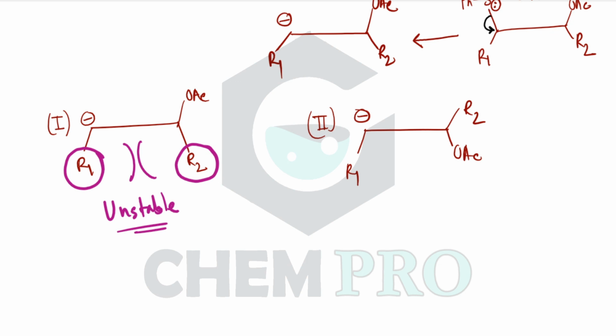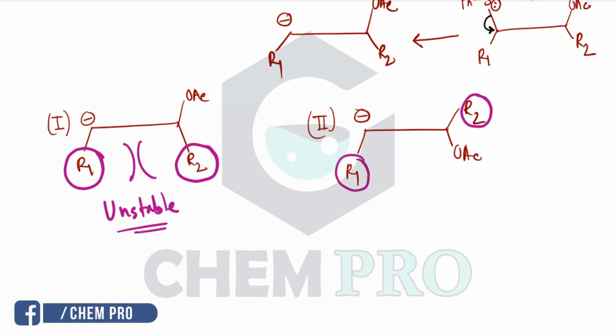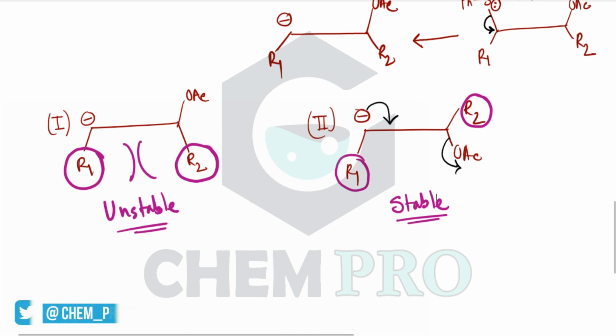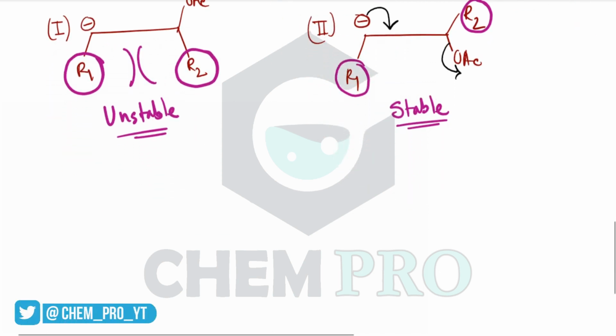But in the second, R1 and R2 are far apart and do not repel each other, so this anion is very stable, and it will make the double bond. From this we get the desired 100% E-alkene product.